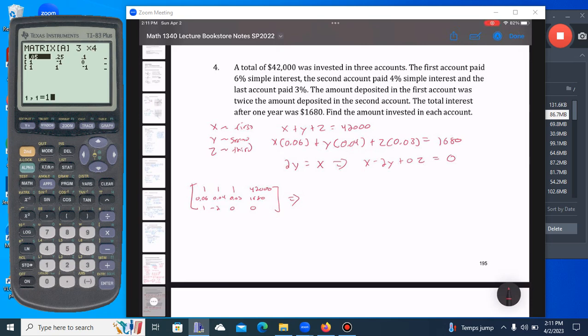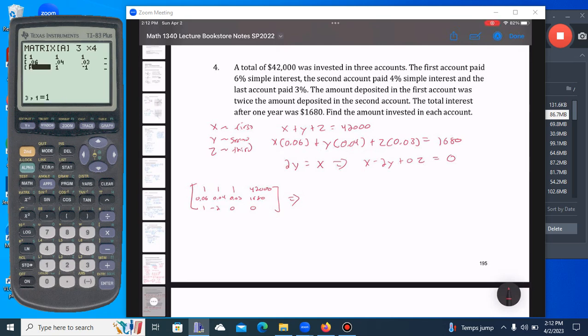So 1, enter 1, enter 1, enter 1,000. Then 0.06, 0.04, 0.03, 1680.